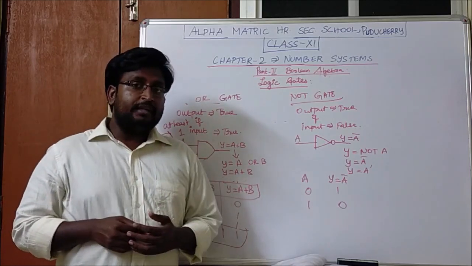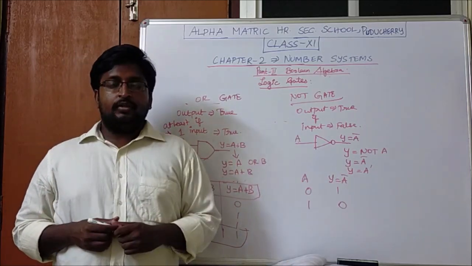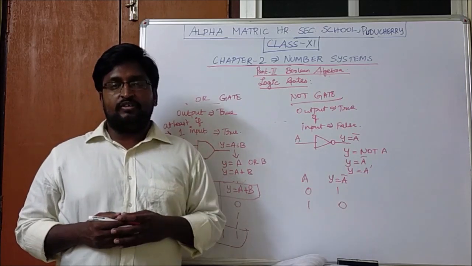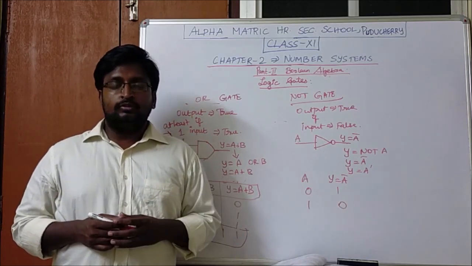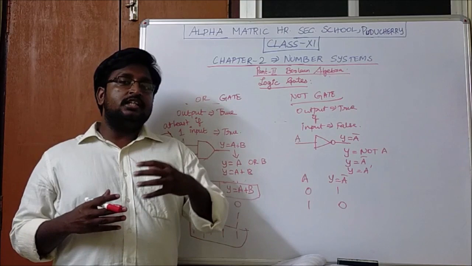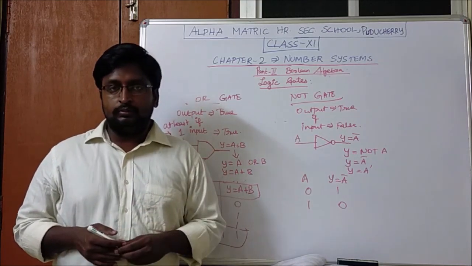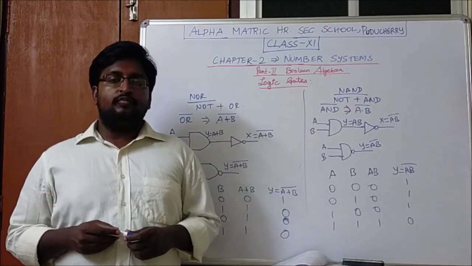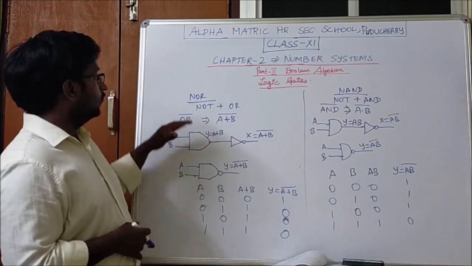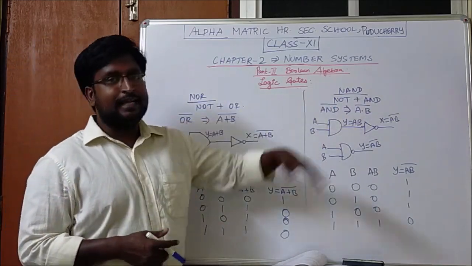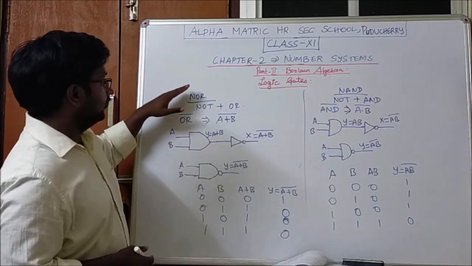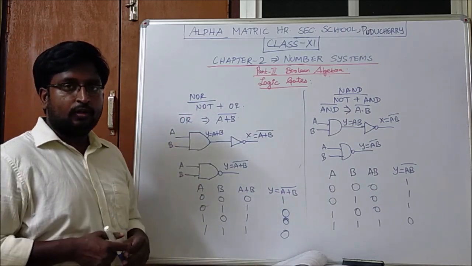Similarly, by combining these gates, new gates can be derived. So let us see what additional logic gates are available. The next gates which we are going to see are the NOR gate and the NAND gate. We have already seen the NOR operator.